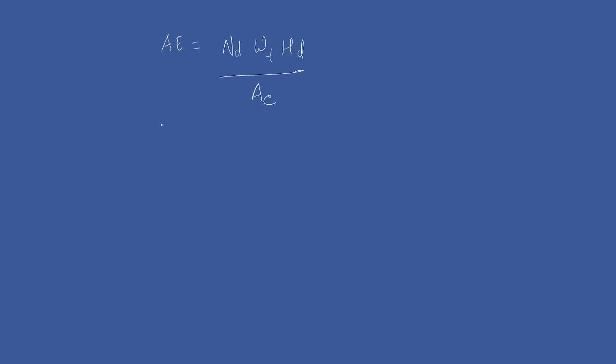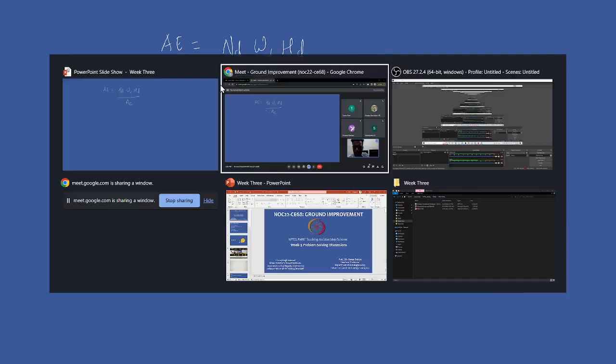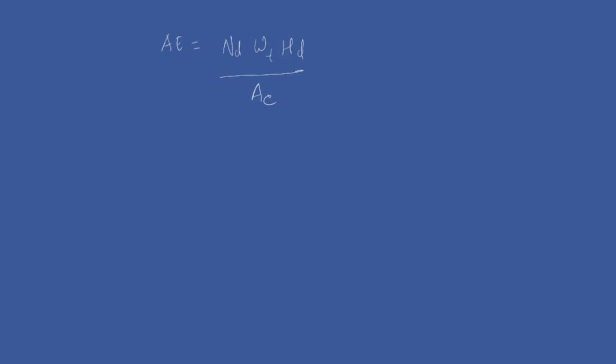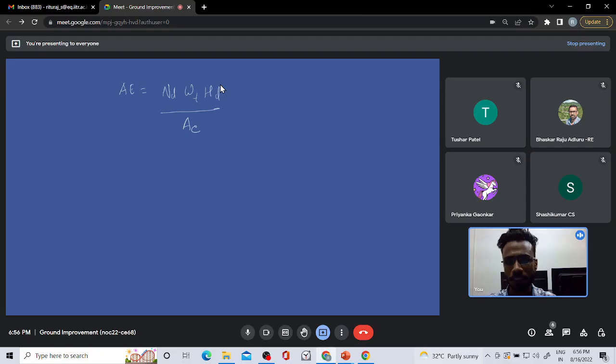ND is the number of drops, WT is the weight of tamper, HD is the height of drop, A is the equivalent area, which will give you the total applied energy to the high energy compaction. Is it right, Tushar? Yes, sir.